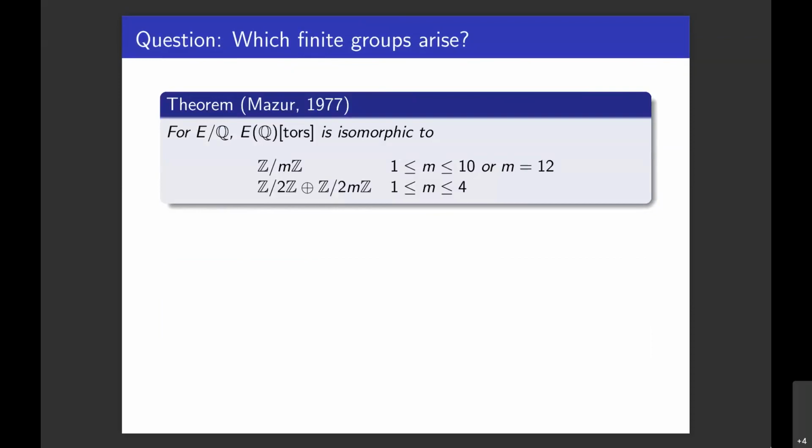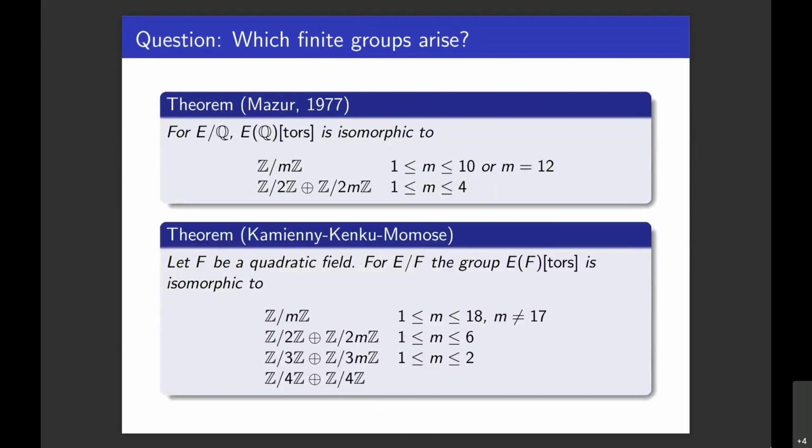It's important to note that these all do occur. So we have that over Q, and the next logical thing is quadratic fields. In the 1990s, over a collection of publications by Kamienny, Kenku, and Momose, we have the classification for quadratic fields.